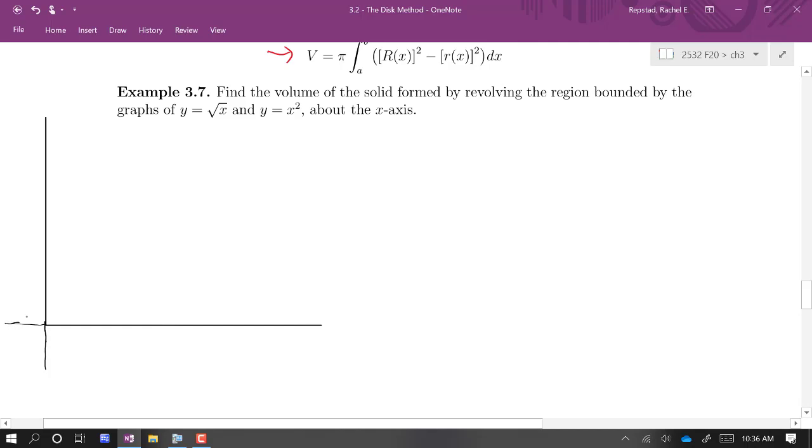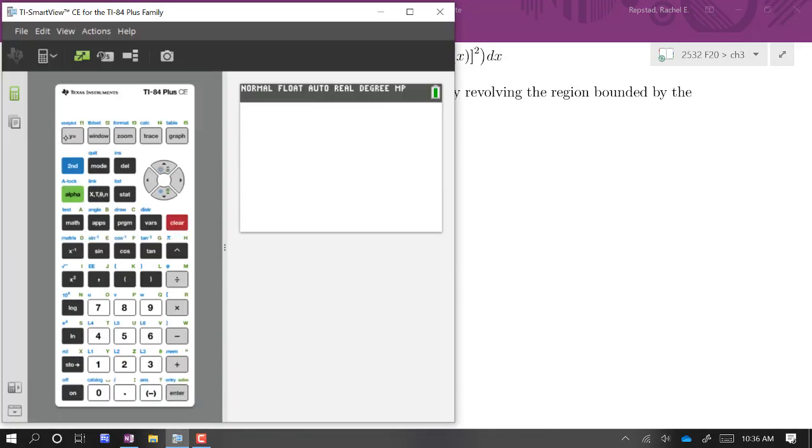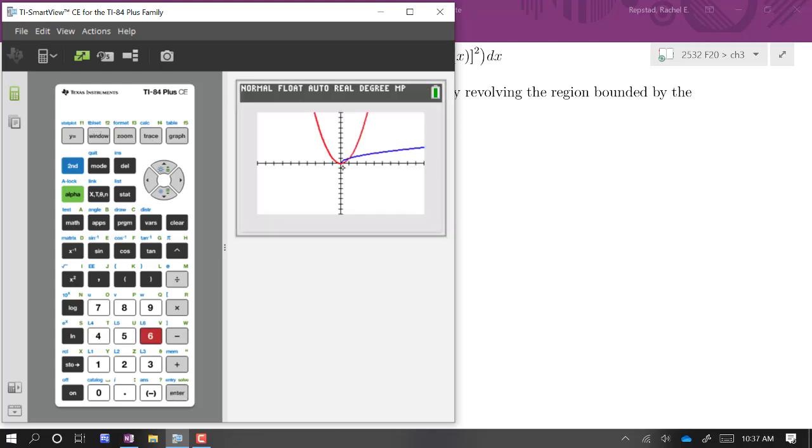The square root of x and x squared, if you could throw it in the calculator first, you might have to adjust your window. In fact, if we look at that here, y equals square root of x, y equals x squared. And if I look at this on the standard window, from -10 to 10, you could see it's really just a small section, right?